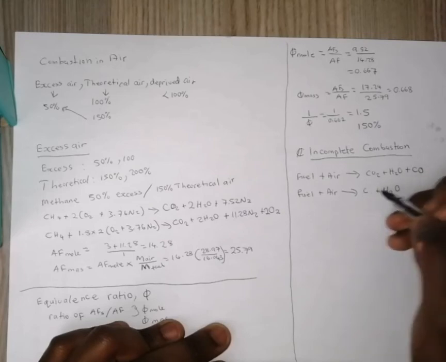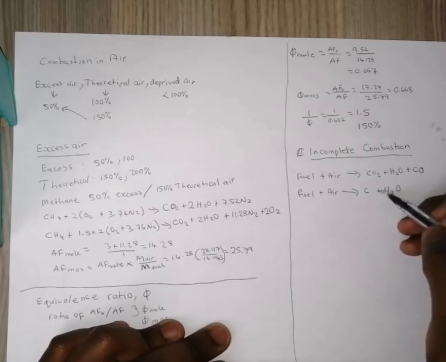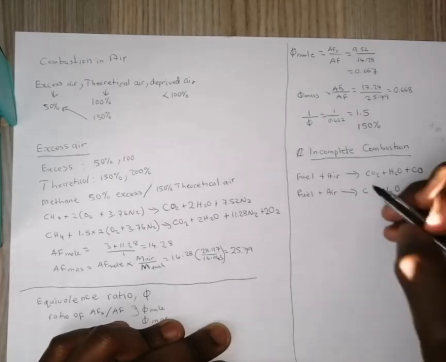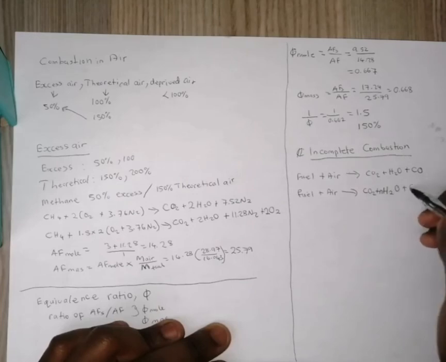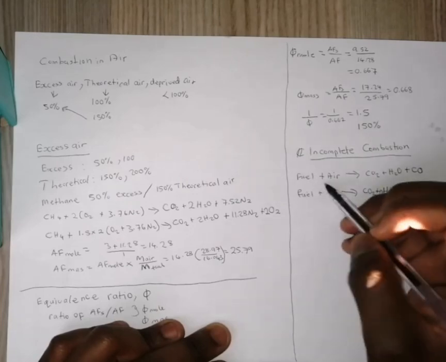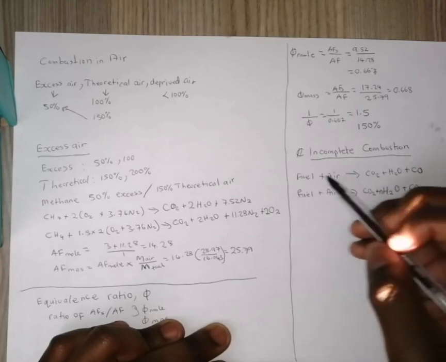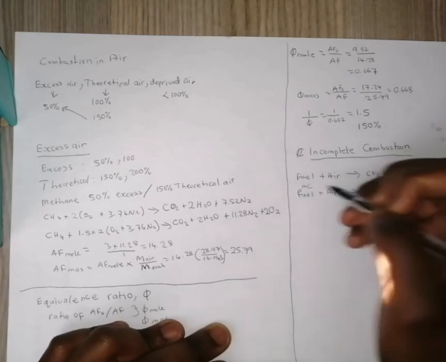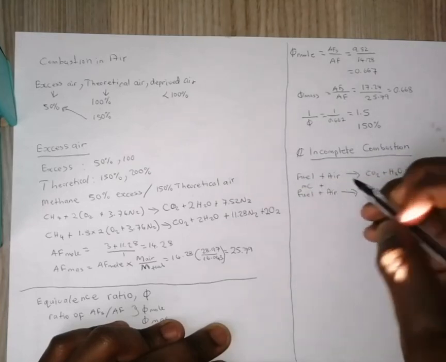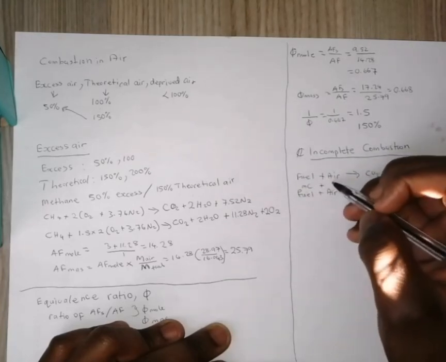We just write C, let's say N is the number, to make up the hydrogens on this side. Then we put a CO2 here and a CO here. What remains is the oxygen and the carbon.